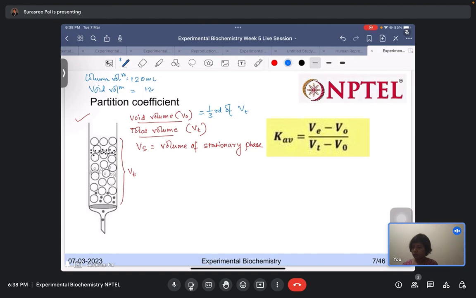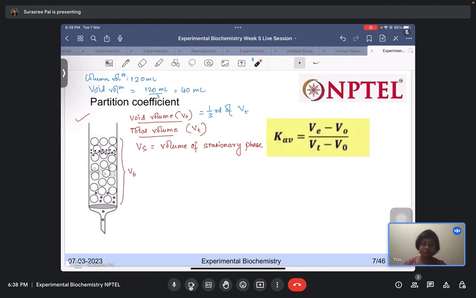Your void volume will be approximately 40 ml. 1/3 of your total volume is your void volume. And Vs is the volume of the stationary phase.